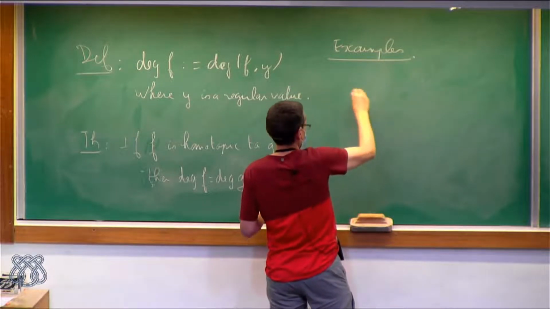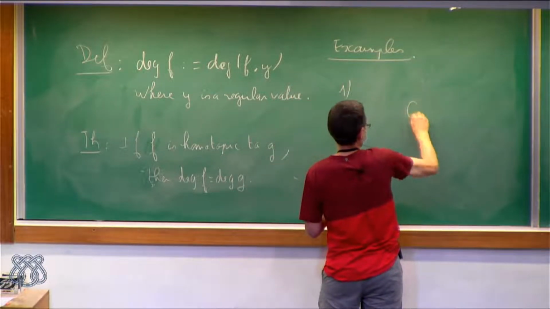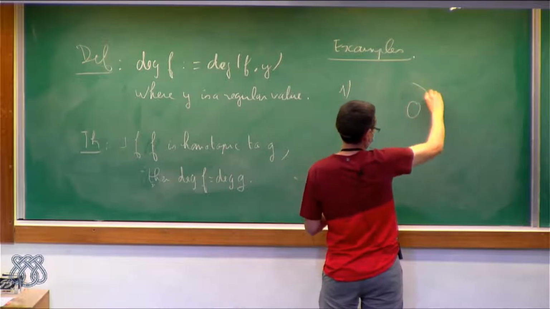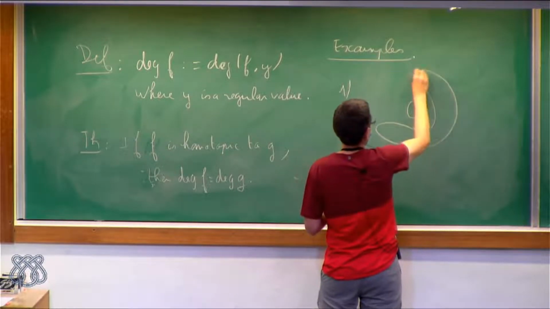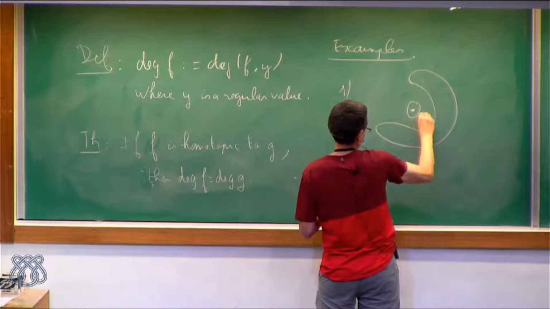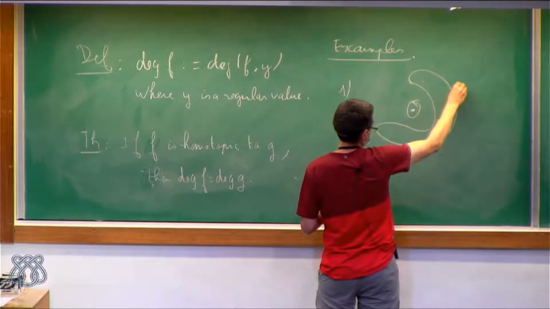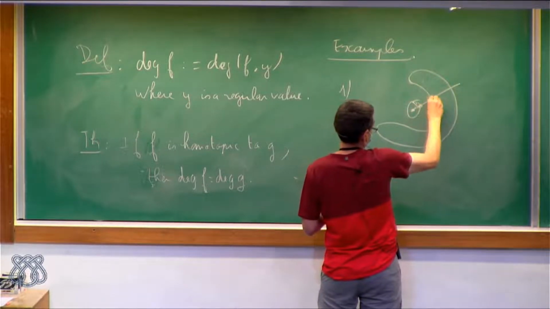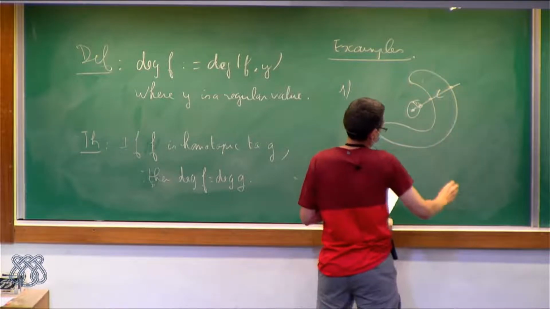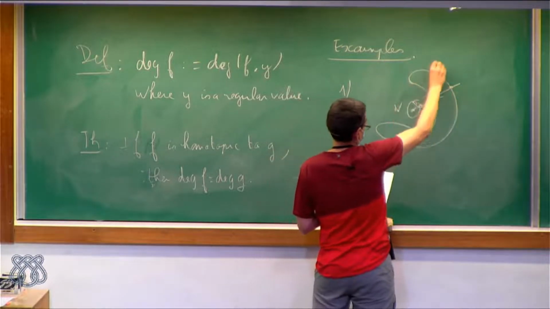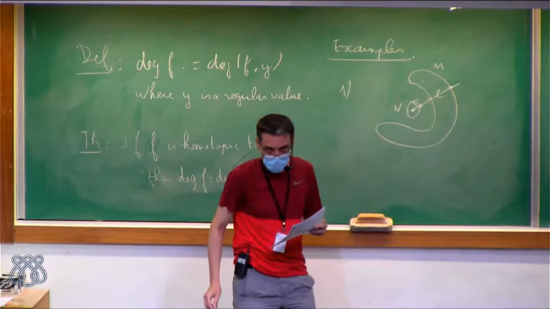So this is similar to this one, but here M would be a kind of a bean, like that. N is the same, a circle here, and the mapping is the same. So what is the degree of this map?